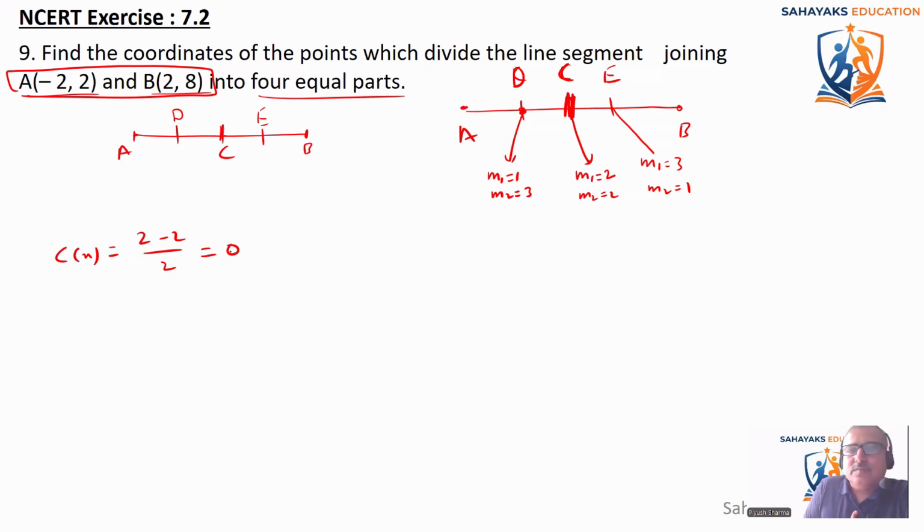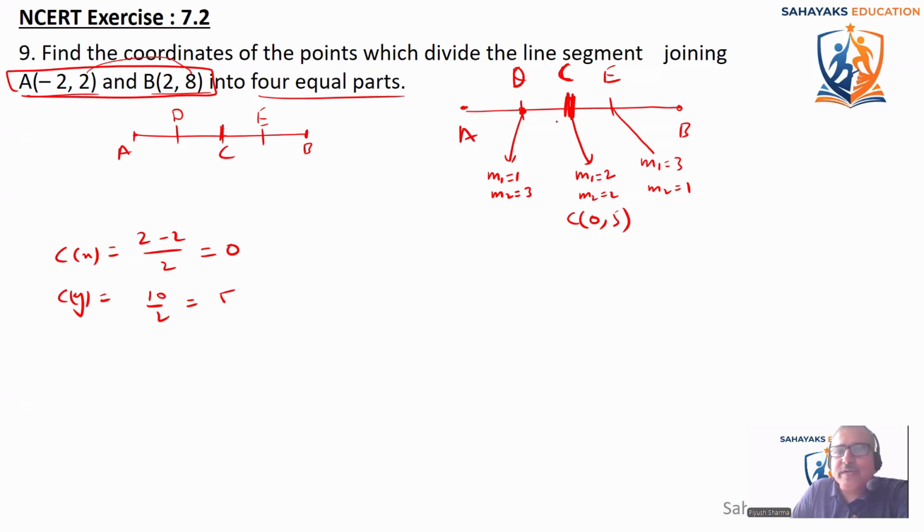So the coordinates of C, I just write, C is 0, comma. Now what is Cy? Cy will be 8 plus 2. So 8 plus 2 is 10 divided by 2 is 5. So I can say this is 0, 5.